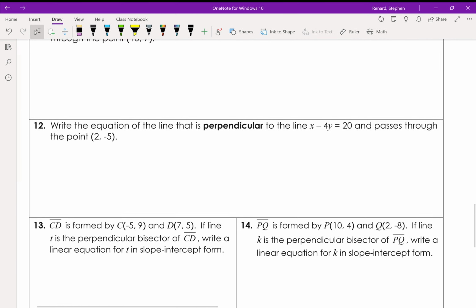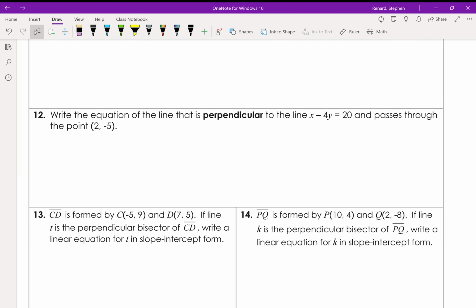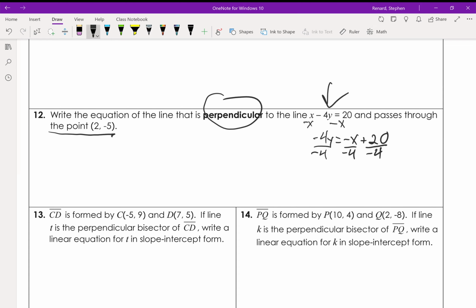Again, I'm going to skip 11, and I'm going to show you number 12. Number 12 is harder than 11, so if you can do number 12, you can go back and do number 11. They give us a reference here that's in standard form, so we need to put this in slope-intercept form. The reason is that all we're told is that the line goes through this point and it's perpendicular to this line.